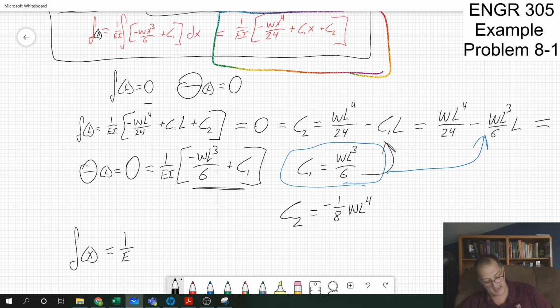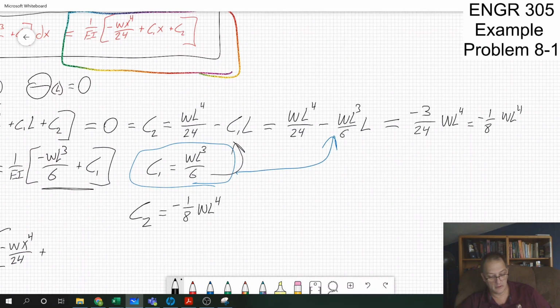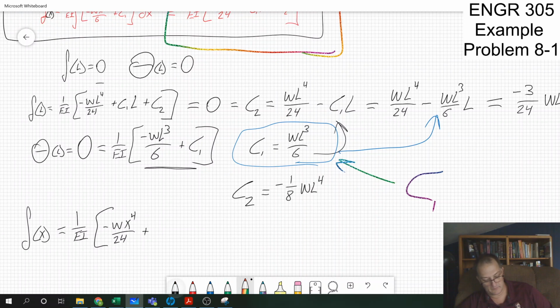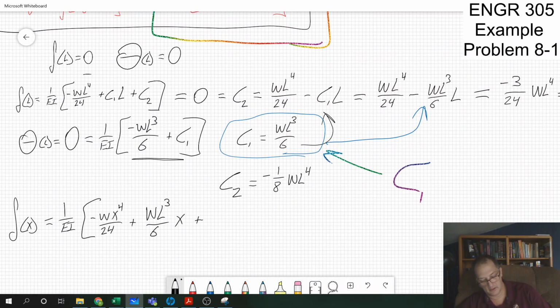It's 1 over EI times minus W x to the 4th over 24 plus C1, which is WL cubed over 6, times x, plus C2, which is minus 1/8 WL to the 4th, and close the parentheses, and that's my answer.